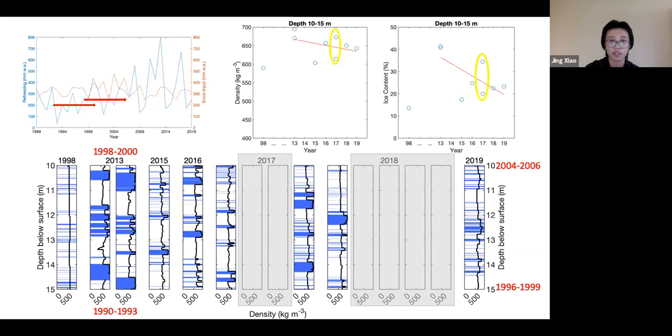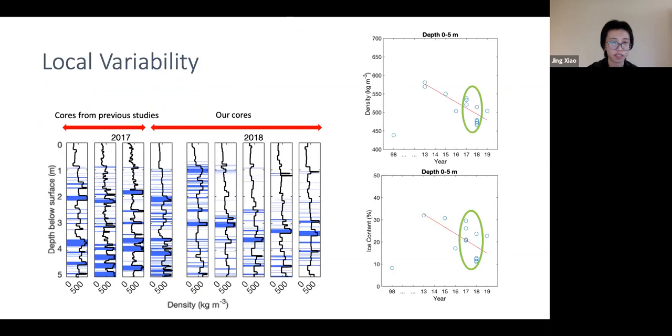Finally, let's talk a little bit about the local spatial variability at I2. As mentioned before, we have multiple cores from 2017 and 2018, and they show quite some variability in their density and ice content values.